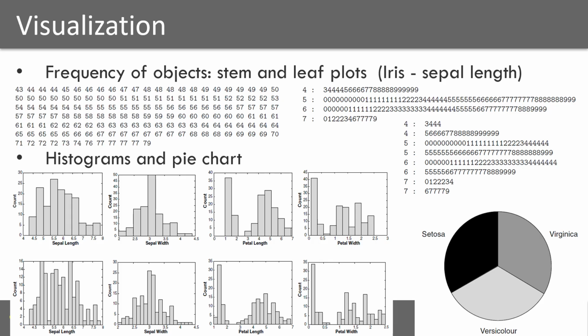And one needs to say that the histogram binning depends not only on the width, but also on where the histogram bin starts and where it ends. That will also, of course, influence the shape of our histogram. Nevertheless, the histogram is a very powerful representation of frequency.